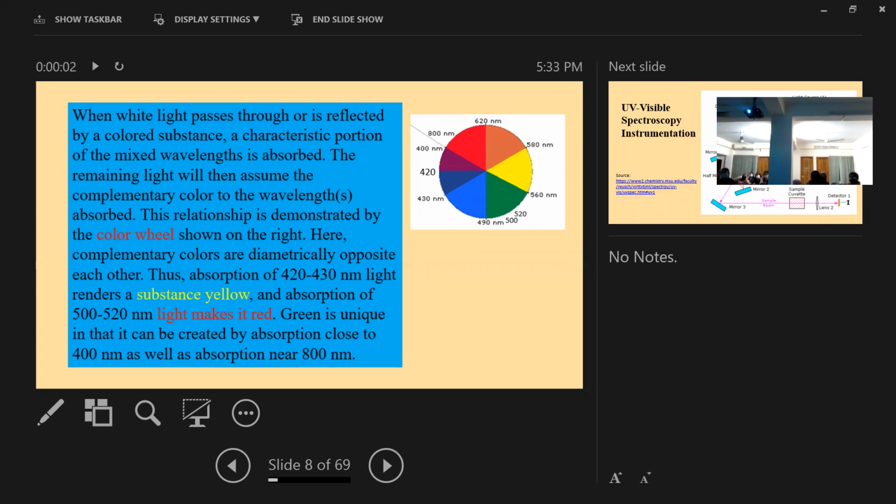Green is unique in that it can be created by absorption close to 400 nanometer as well as absorption near 800 nanometer. That is another interesting thing. If we have light close to either 400 or 800, you will observe green. Go opposite to this, and this is the green.